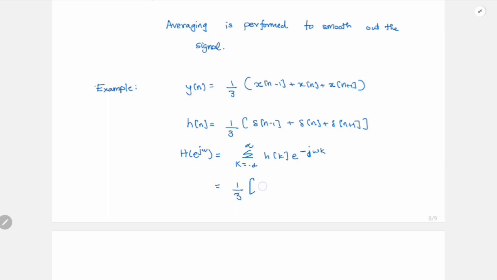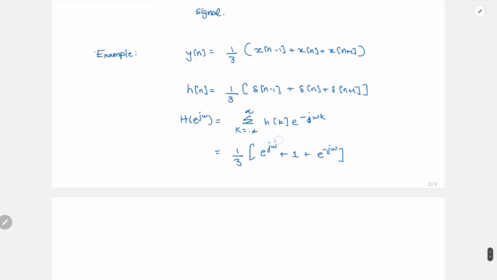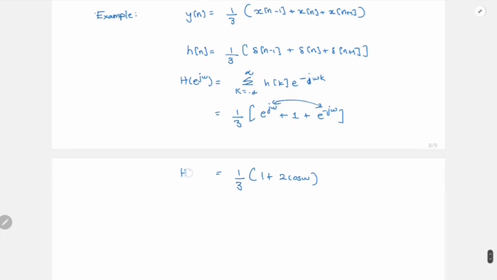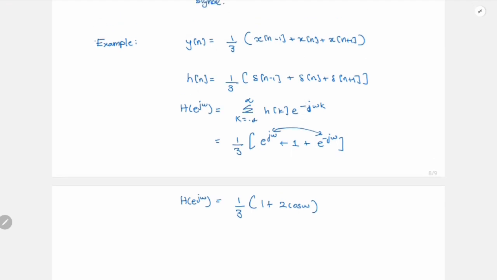Delta of n minus 1 will give me e power j omega, plus delta of n will be e power j omega 0, which is 1, plus e power minus j omega. So this and this I can combine. It will give me 1 by 3 into 1 plus 2 cos omega. So this is the frequency response of this system, right?